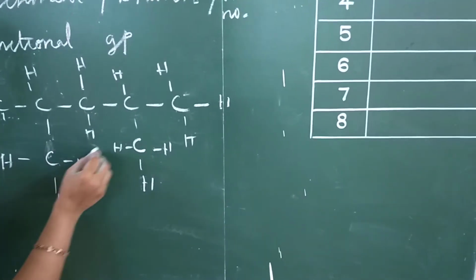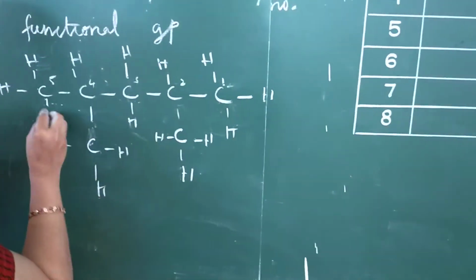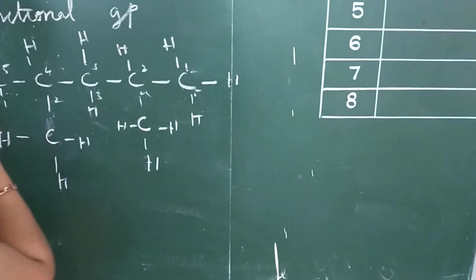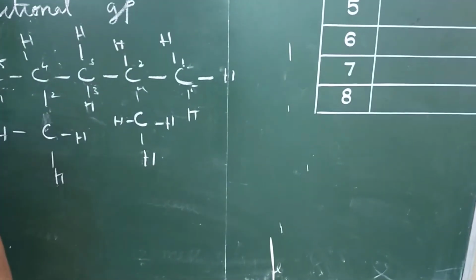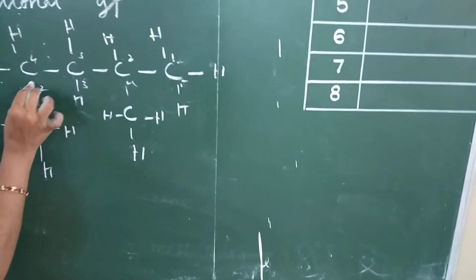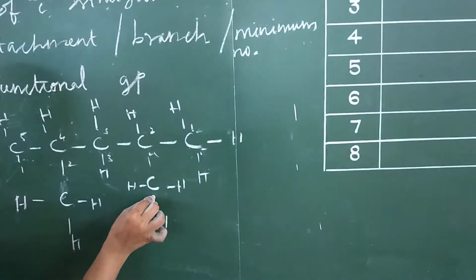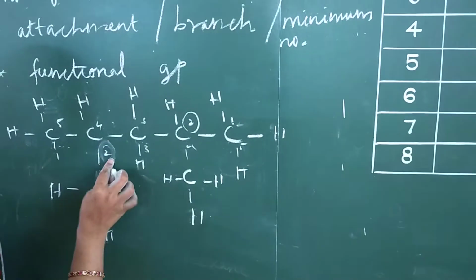When we give the name, from here to here 1, 2, 3, 4, 5. When you count from left to right, 5 carbons are there in this straight line. When you count from right to left also, the attachment is at the second carbon. So when the attachment is here second and here also second, how to name it?